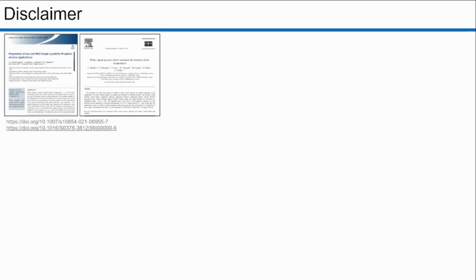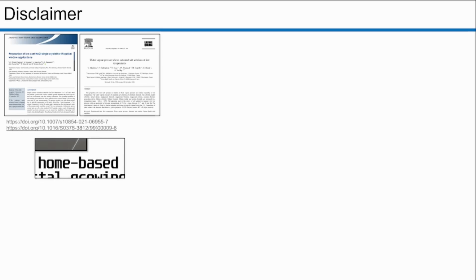A quick disclaimer: crystals are of high interest to some advanced applications, so there are a bunch of journal articles that treat this topic in depth. My proposal here is to simplify things and present a home-based view.